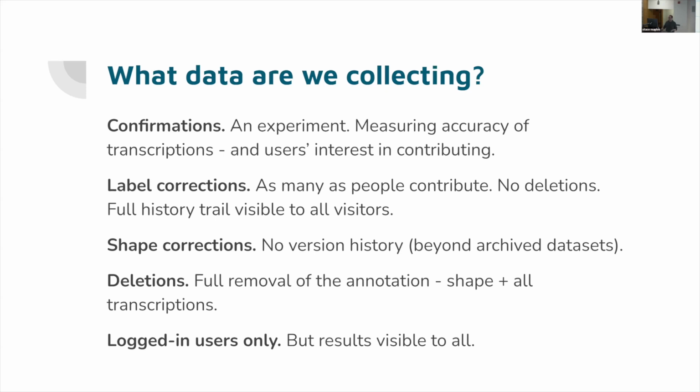We want to keep it simple, just confirmations, just label corrections, and maybe shape corrections, but on a very simple level. So just basically dragging a little bit around the labels and fixing if the label is too short or something like that. We also allow deletions, and we only allow it for logged in users at the moment. I think all of these are just deliberate decisions. As a first step, we want to try out how people are using it and then make adjustments when we see what happens.